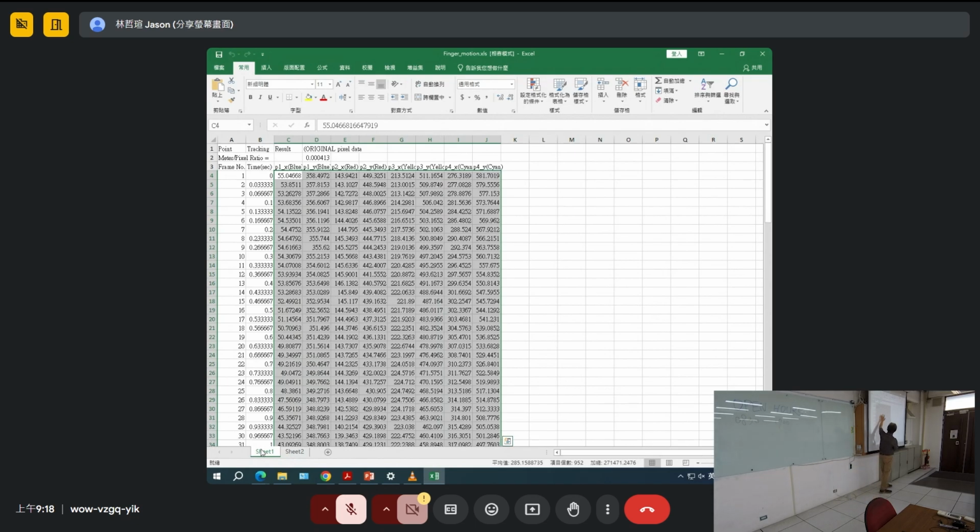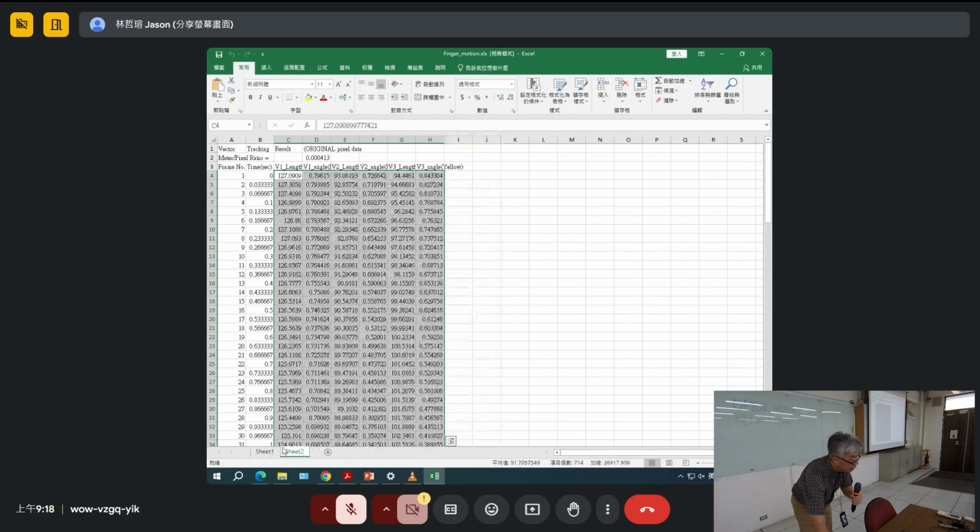You can see X, Y, X, Y, X, Y, X, Y, 4 points. Between 4 points, we can define 3 lines, or 3 vectors. Then the vector information is here: the length of the first vector, the angle of the first vector, and so forth. So this is the homework you should try to execute. Are we okay?